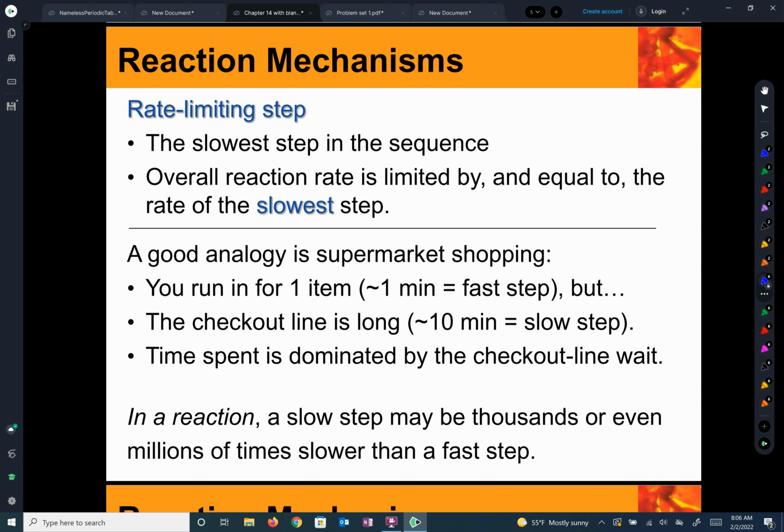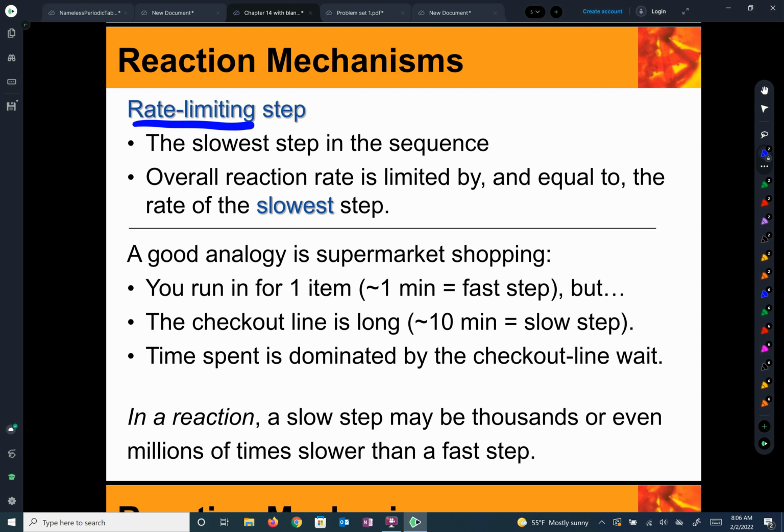But there are a couple of important things, and we did talk a little bit about them already in the previous class, but I just wanted to draw your attention again to the idea of a rate limiting step. The rate limiting step is the step that limits the rate, and rate is just how fast a reaction proceeds. So we're talking about kinetics at this point: how fast does something happen?